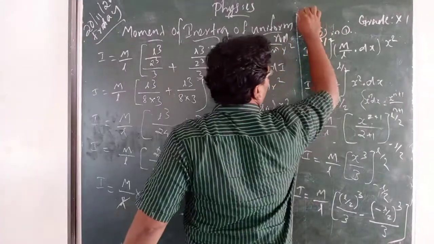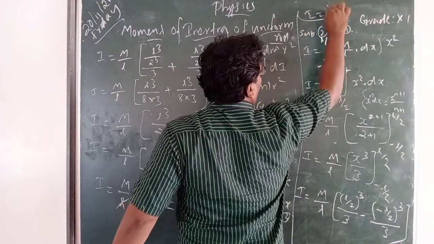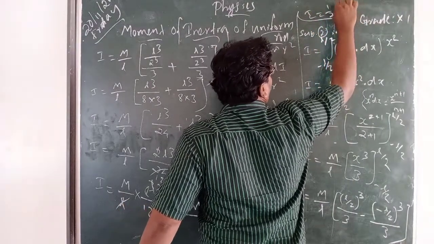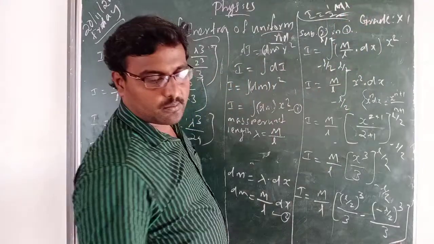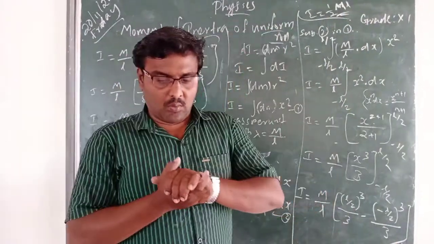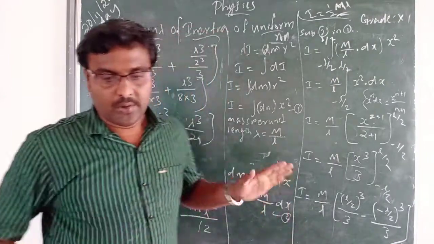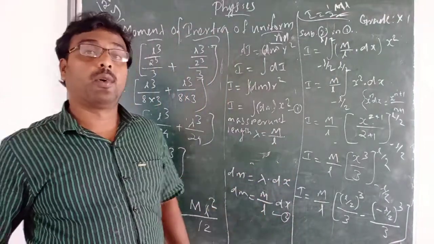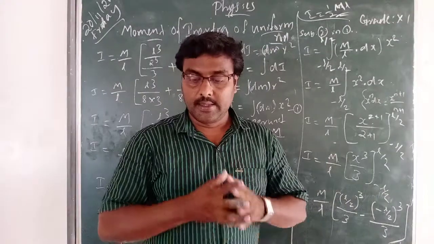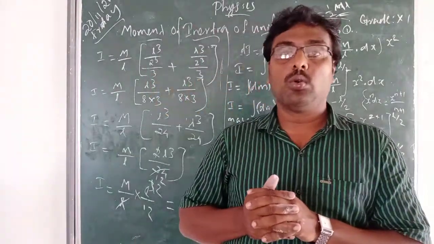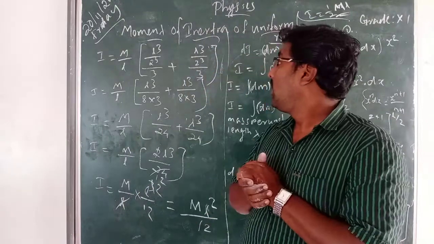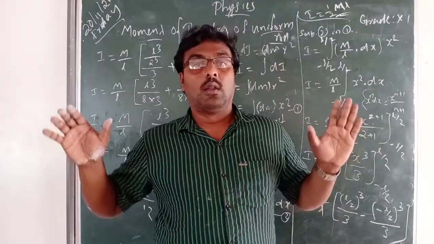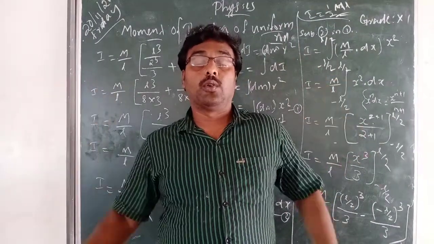You can write this, I is equal to 1 by 12 m L square. This is the moment of inertia of a uniform rod. You can see this in page number 235. So again remember, here we are finding the moment of inertia of a uniform rod.